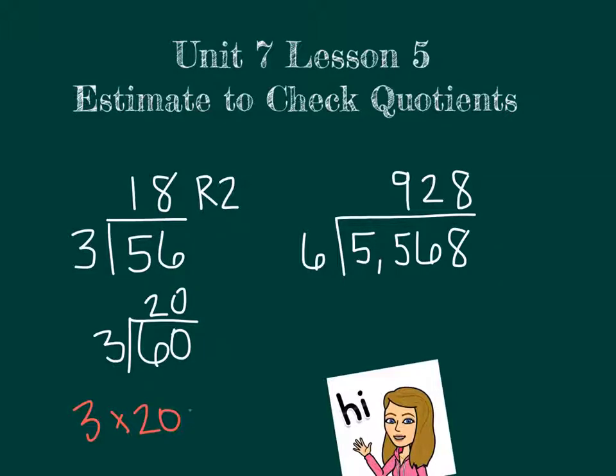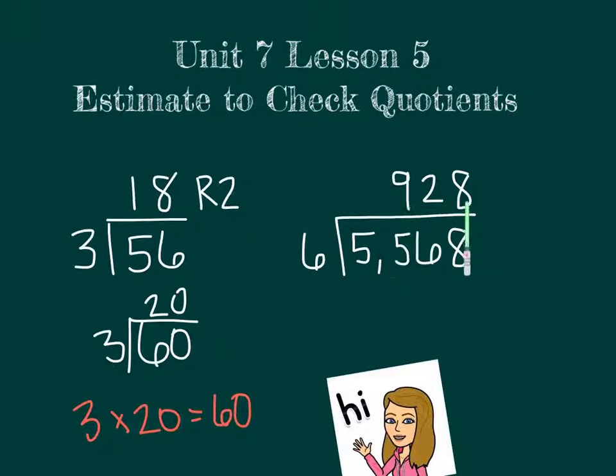So by doing this multiplication off to the side, you know that 3 times 20 equals 60. That would definitely be close to the actual dividend, 56. So again, two ways to check your answer. Probably the easiest way is to round the quotient that you get and then do the multiplication to see if you get close to the dividend. And that's what I'll do here.